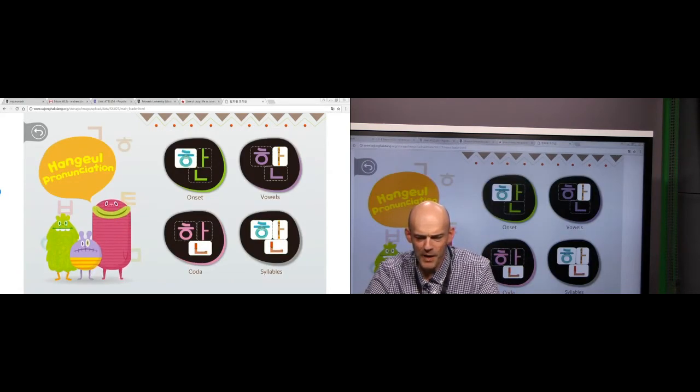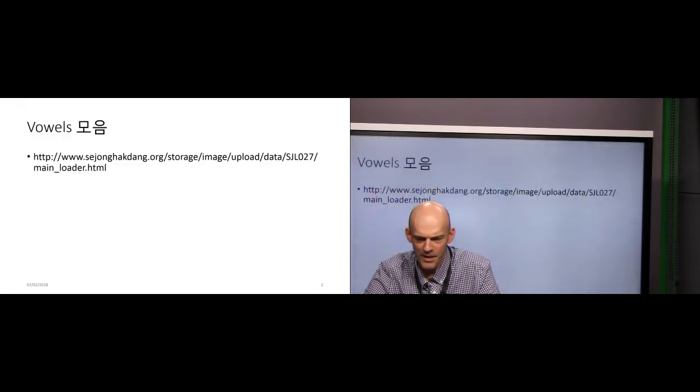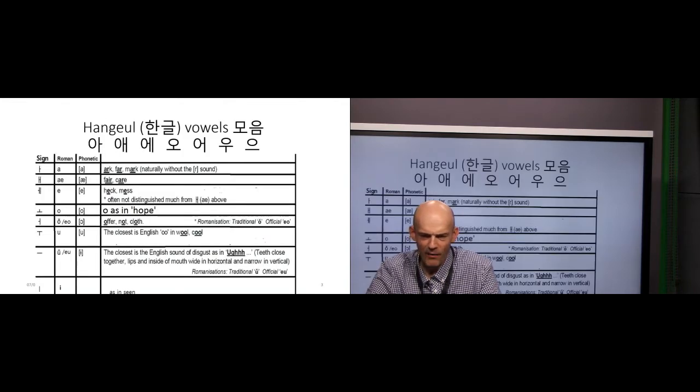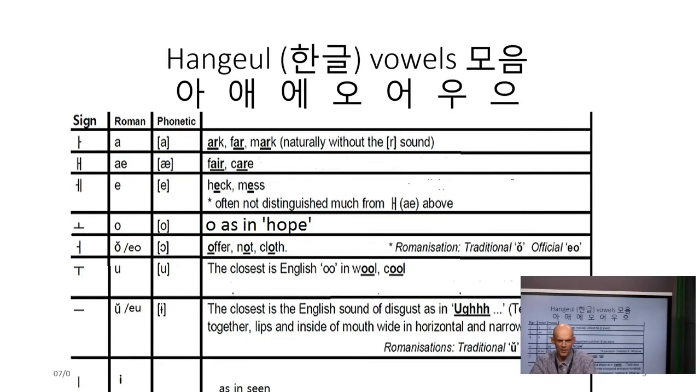Okay, so let's go back to our slideshow then. We're going to be looking at vowels to start off with, and I'll make this a little bit bigger for you to see. Let's start first with some of the simpler sounds.